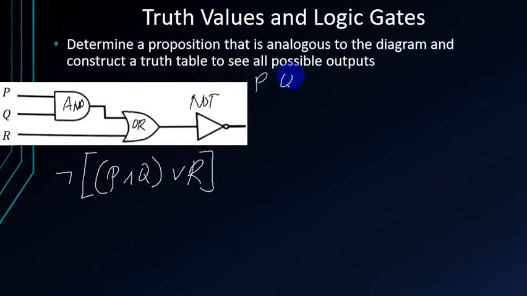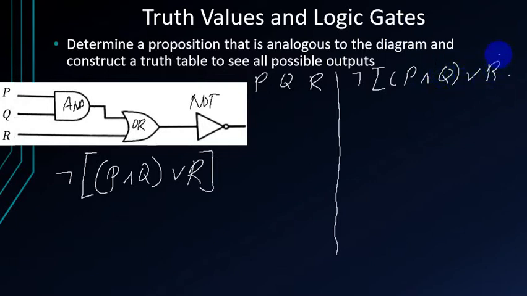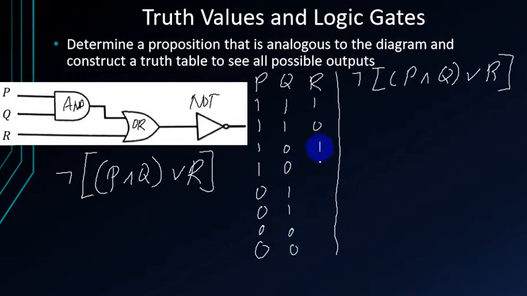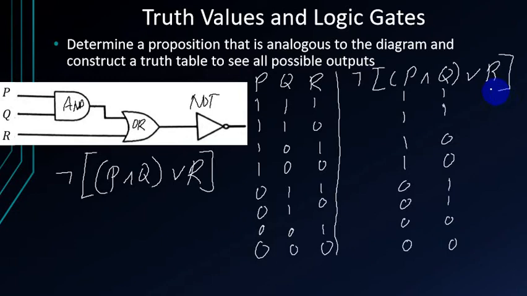We're going to have P, Q, R, then not (P and Q) or R. For P, let's put in these values: four ones first, then four zeros. For Q, twice alternating, that's just how I call it, and for R, the one that is alternating.